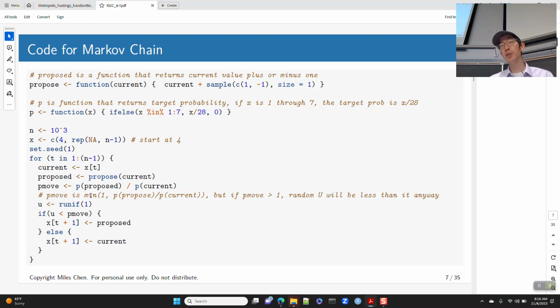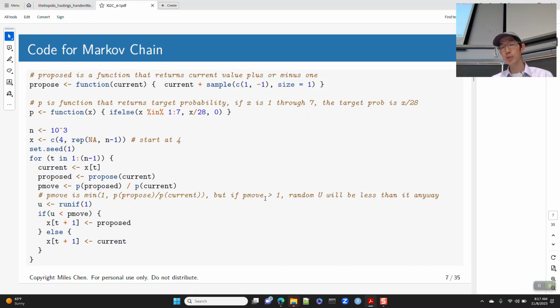Now, technically, p move is the minimum between 1 and p proposed over p current. But I'm not actually going to bother implementing that as a line here, because let's say I proposed island 5, then my p move here is going to be 5 28ths divided by 4 28ths. I'll get basically a 5 over 4.